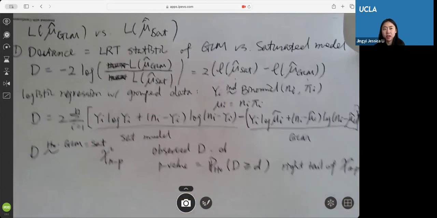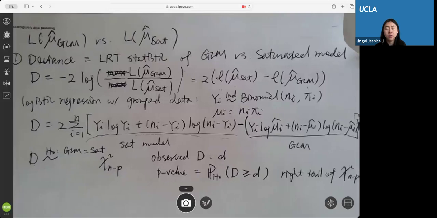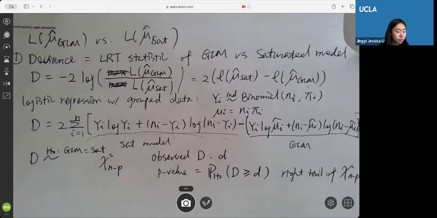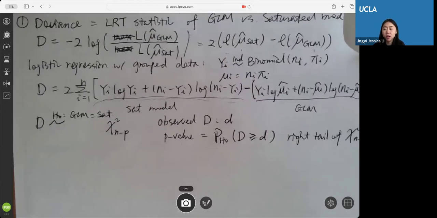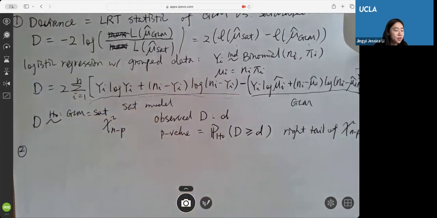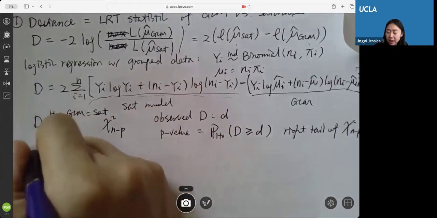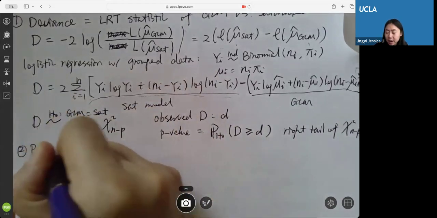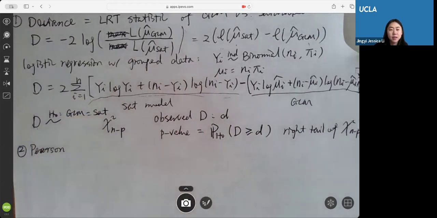Deviance is the most widely used statistic for assessing goodness of fit. It's basically a likelihood ratio test. The second one was proposed by Karl Pearson, who is also known for the Pearson correlation. Because he's one of the pioneers of statistics, he invented many things that we're still using today.